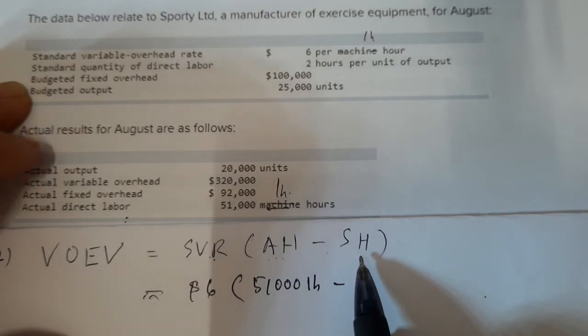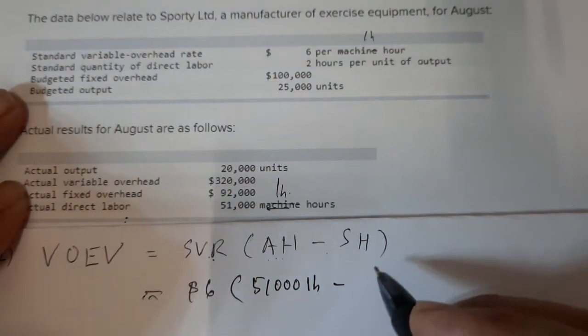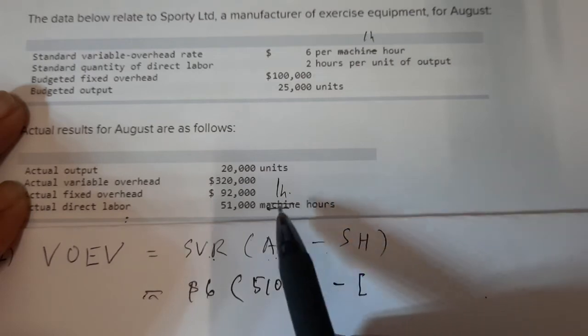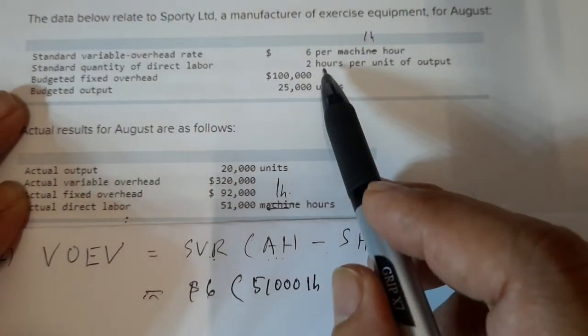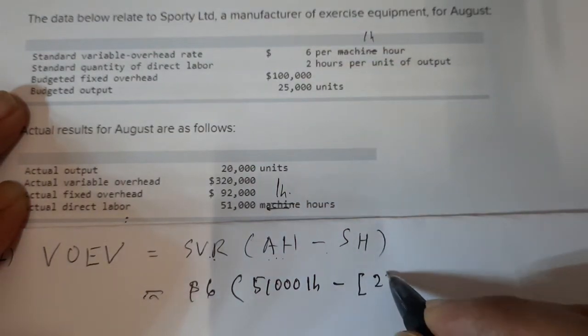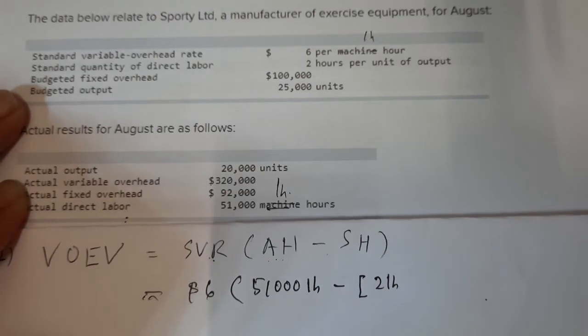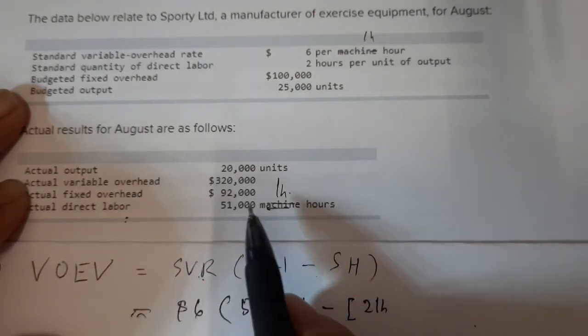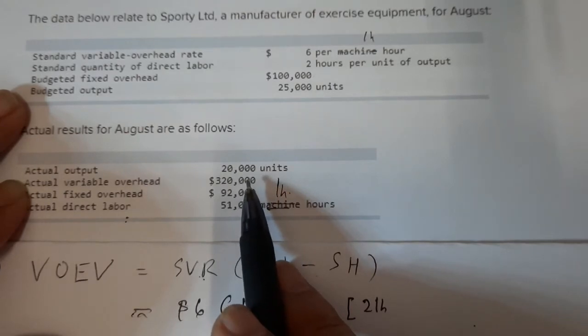To calculate the standard hours, it is like this. According to the standard, 1 unit of product is 2 hours. So 1 unit, 2 hours. And then during August, 20,000 units of product have been produced.